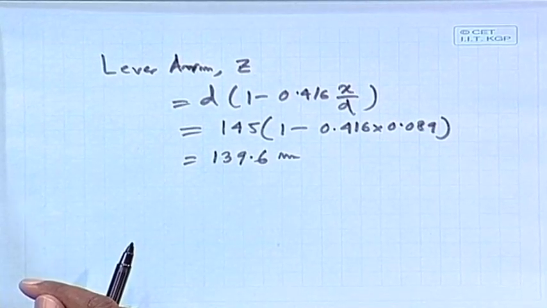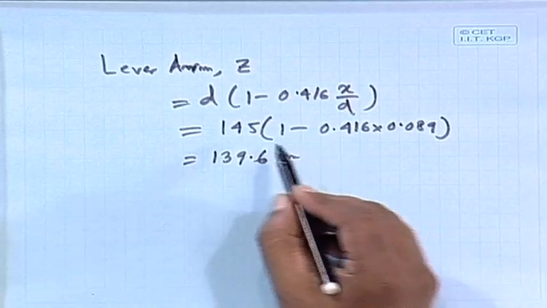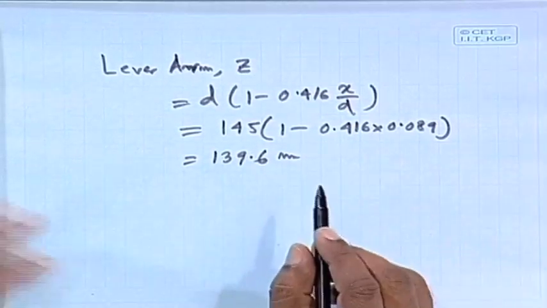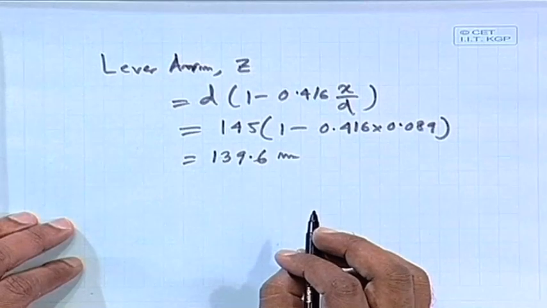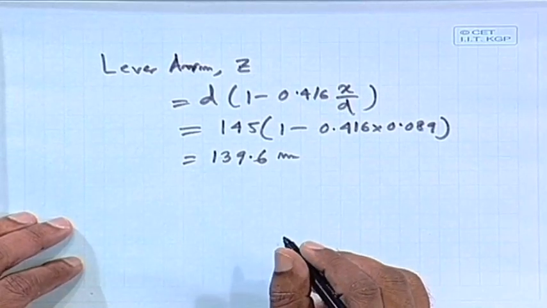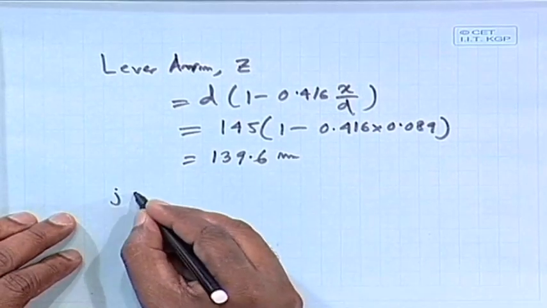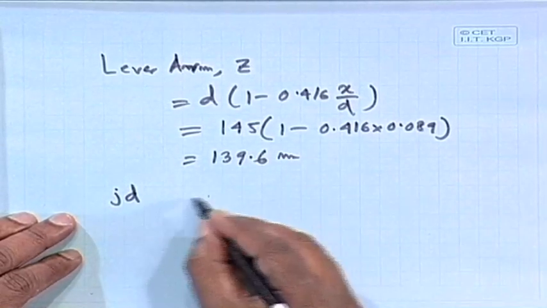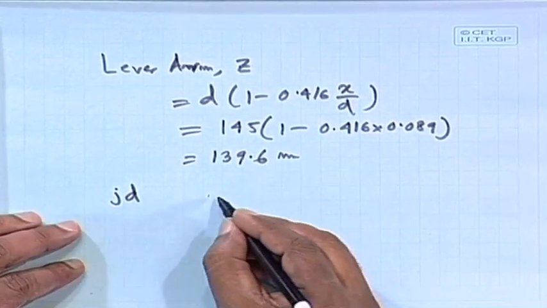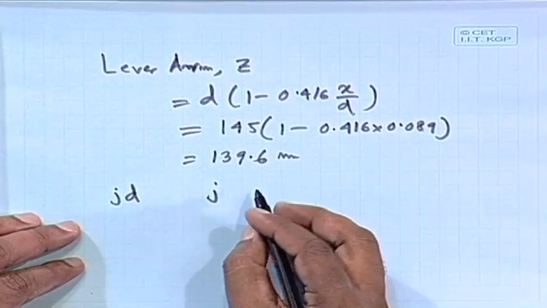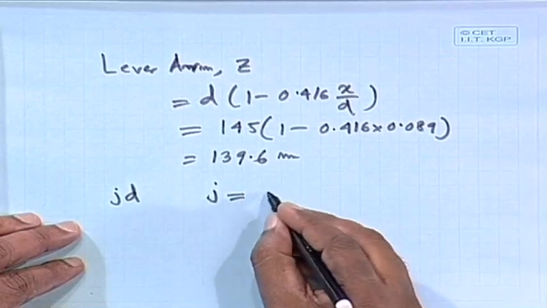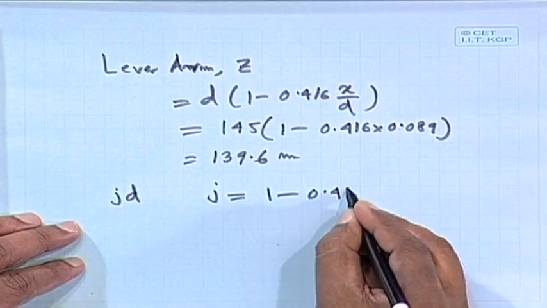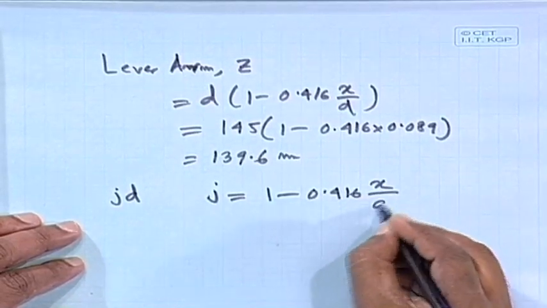0.9629. If you remember, this one we can also call J. If you remember the working stress method, we used to say JD. So, analogous to the working stress method, J is nothing but 1 minus 0.416 x by d.